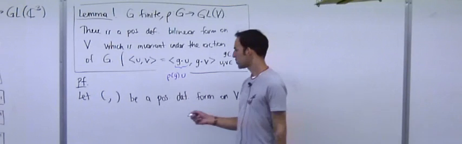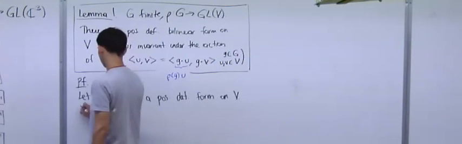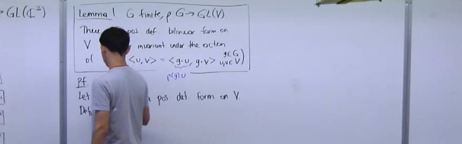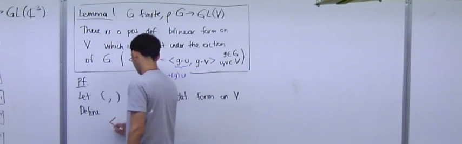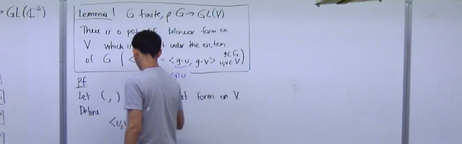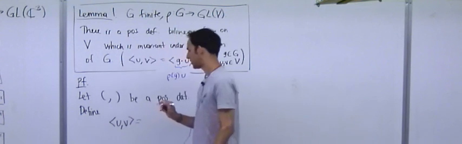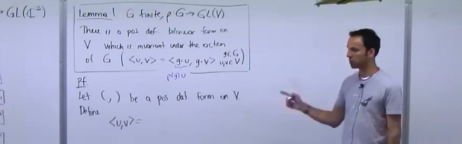And what I'm going to do is the following. I'm going to define a new positive definite bilinear form in terms of this one.